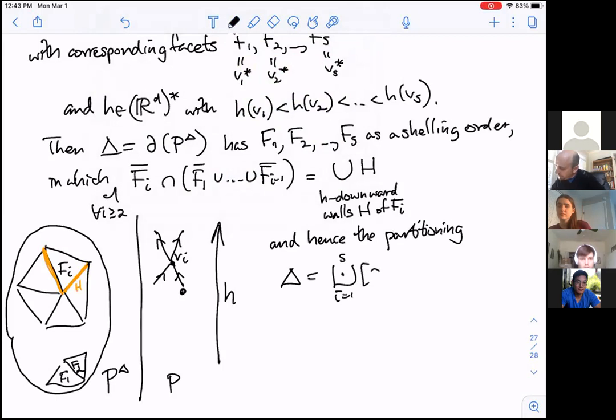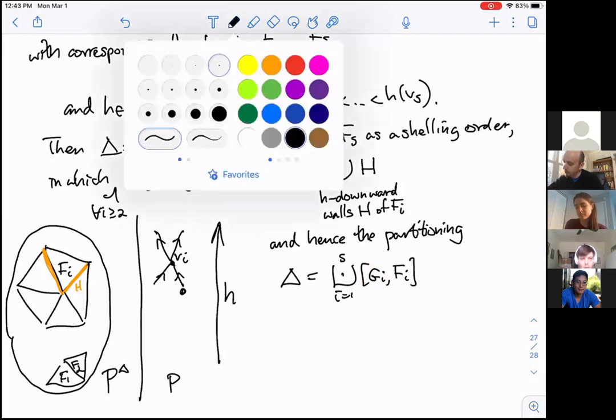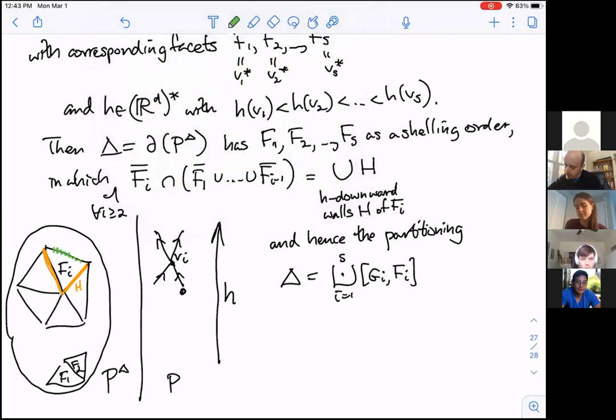As we run through all the facets Fi, we take these intervals of faces, and this GI is supposed to be the minimal new face inside of F. When you look at the faces that are new inside of F, there's some smallest one, GI, and the faces that are new, like in this example, it's GI and Fi itself. They form an interval within the part of the face poset that's below Fi. And we can describe that GI is the intersection of all of the H upward walls coming off of Fi.